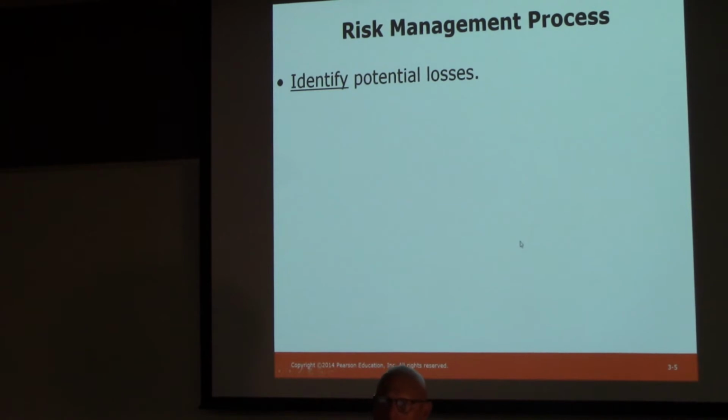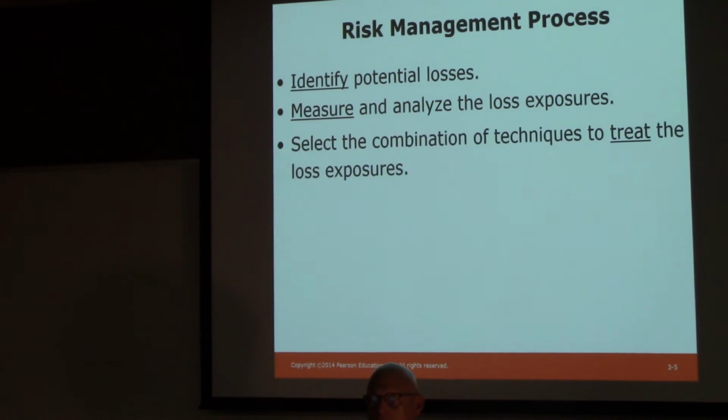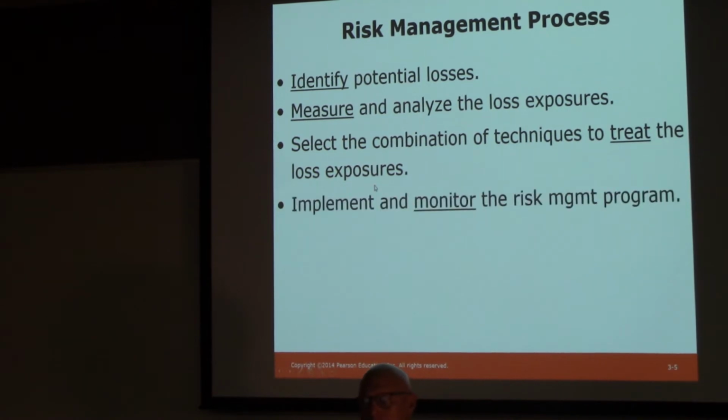All right, so first we're going to identify potential losses. Then we're going to measure and analyze those loss exposures, try to quantify those losses. And then we're going to look at the techniques that are available to treat those losses. And then we will implement and monitor the program.